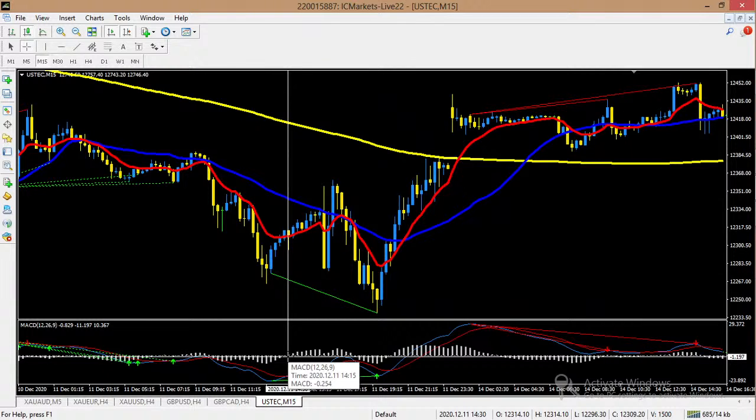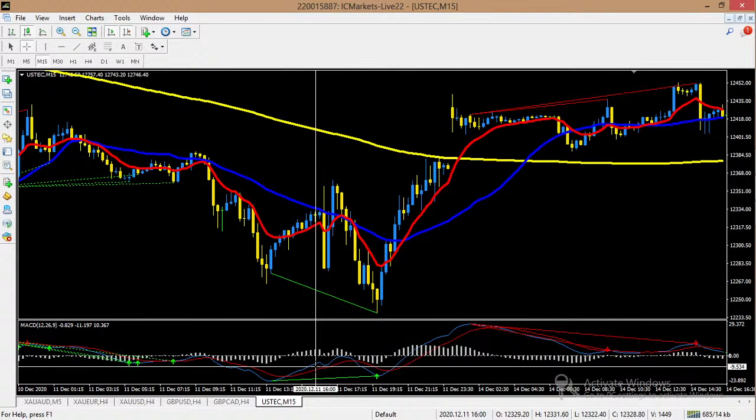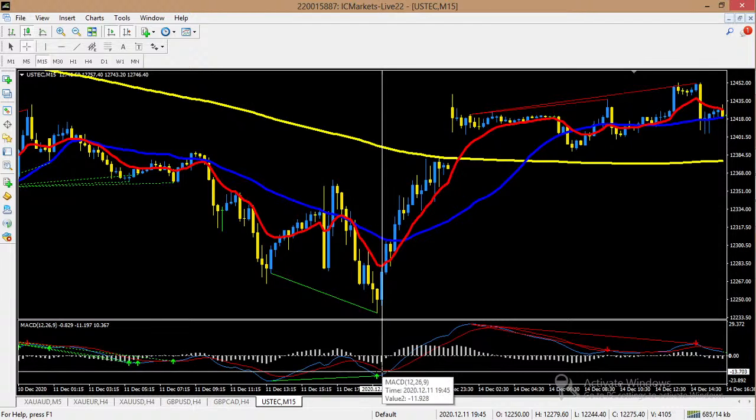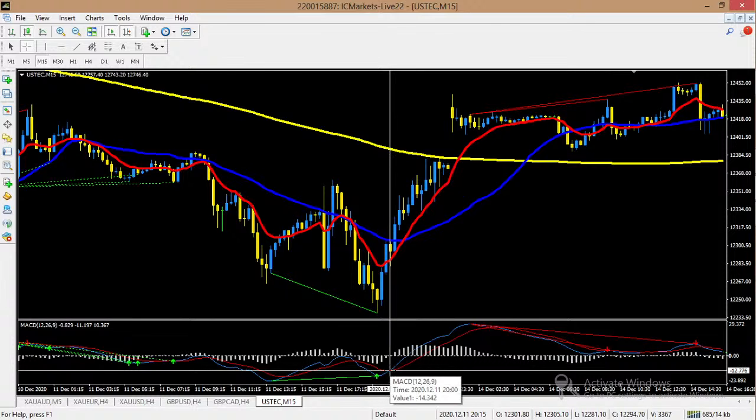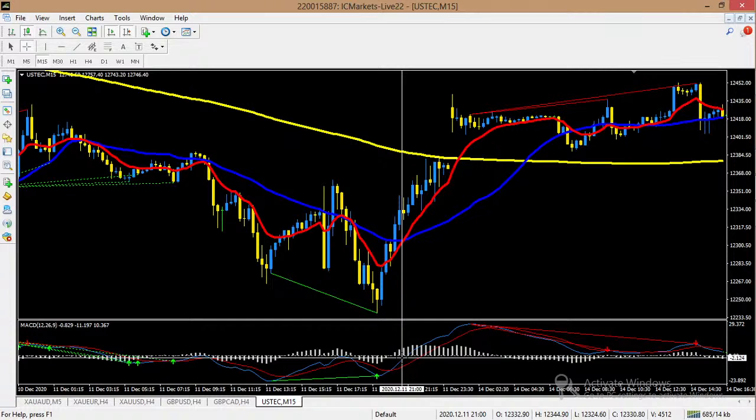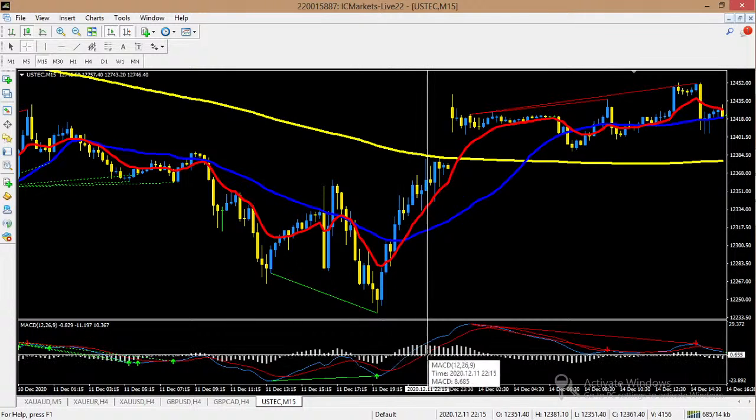So here you can see before the trend changes, it crossed above, but in order to find this critically and determine the entry level, you have to allow the signal line to move above the MACD zero level line.